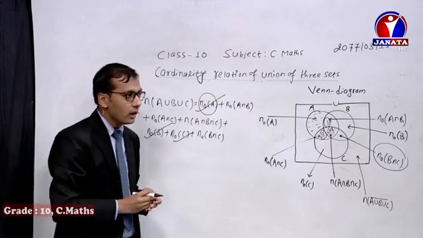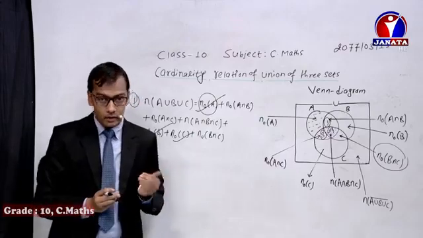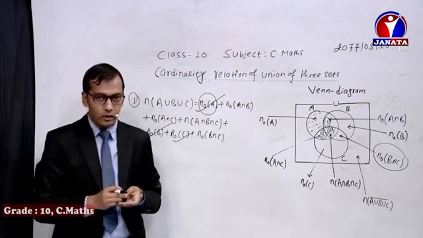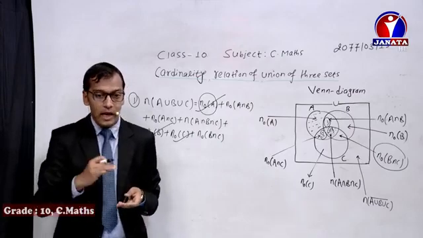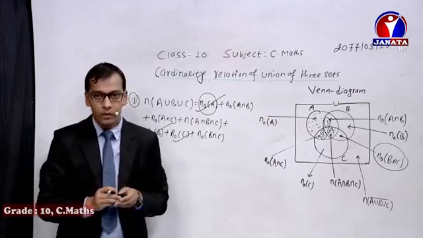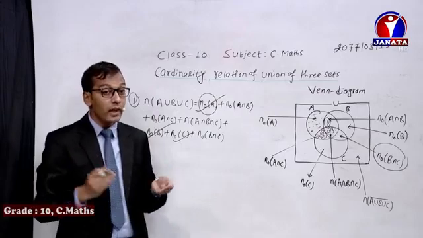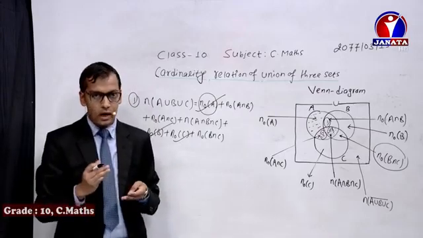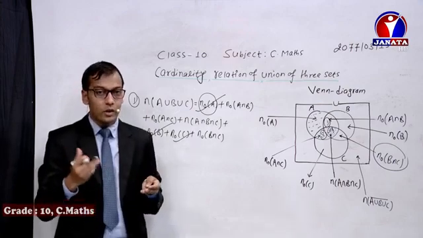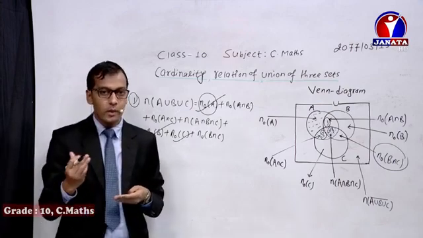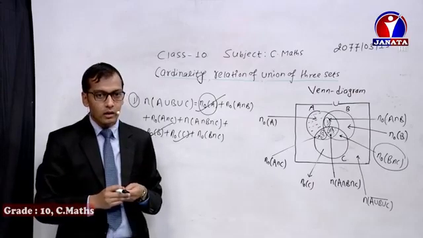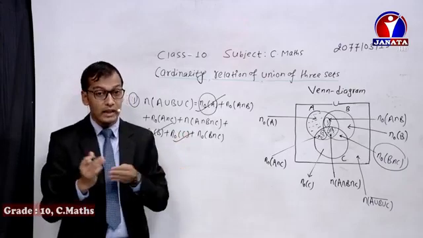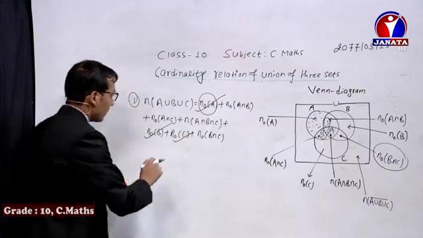So basically, in 3 subsets, we can solve questions in 2 different ways, same as 2 sets. One way is we can use the formula, second we can use the Venn diagram method. That is our choice. If we are asked to use the Venn diagram method, we need to use it, otherwise it depends on us. Either formula method or Venn diagram method can be used.